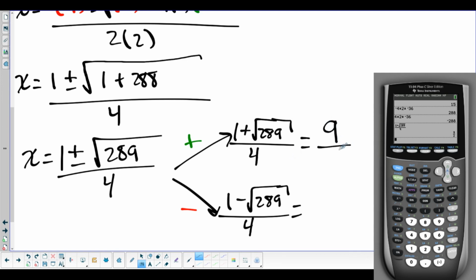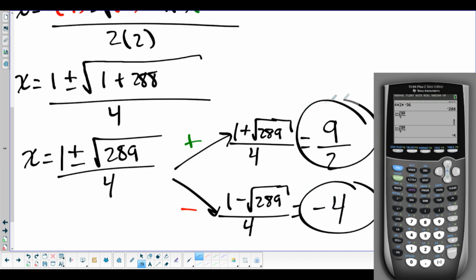I get 9 over 2. I think 289 is a nice number. The square root of 289 is a nice number. But anyway, if you want to do the negative version, you can just scroll up to it, hit enter, and then scroll over until you are at the plus sign and just change it to a minus, and you get negative 4.